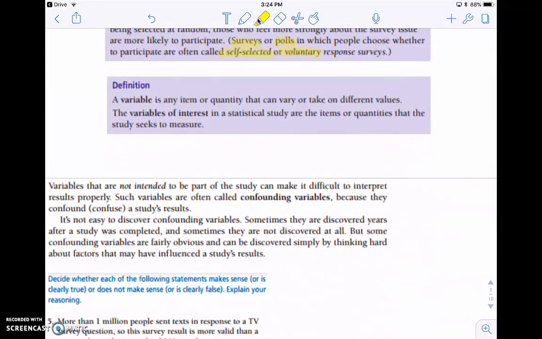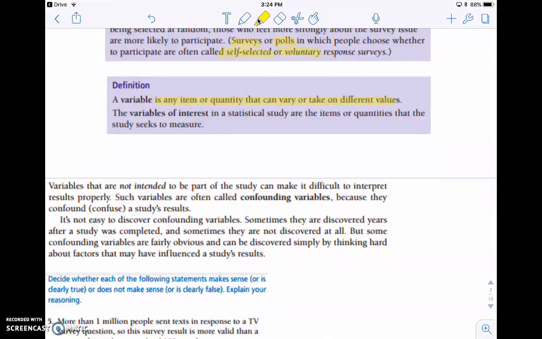Okay, now we're going to talk about this idea of variable. So a variable is any item or quantity that can vary or take on different values. And so we could be looking at the percentage of people who enjoy a certain TV genre, or the number of people who choose to wear a certain clothing brand versus another, and so forth.